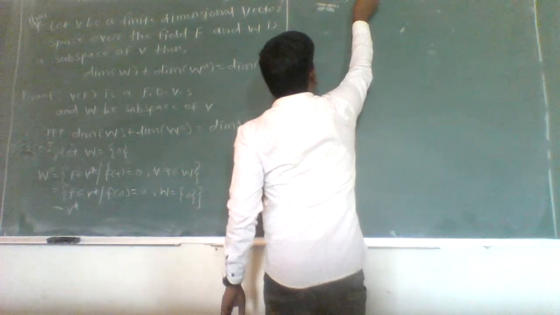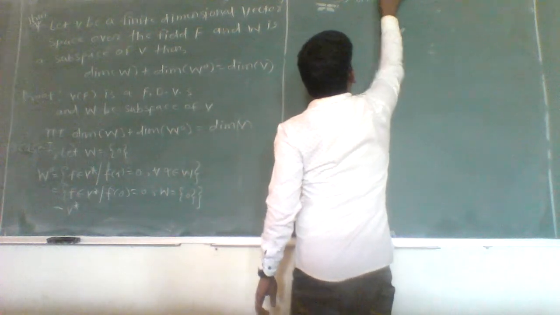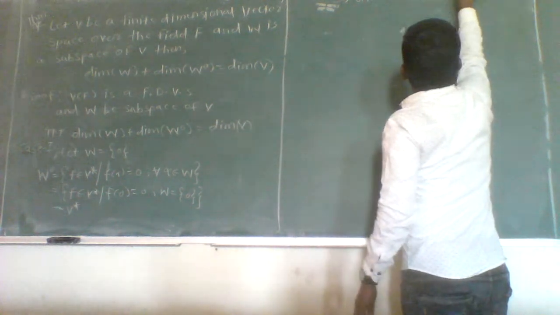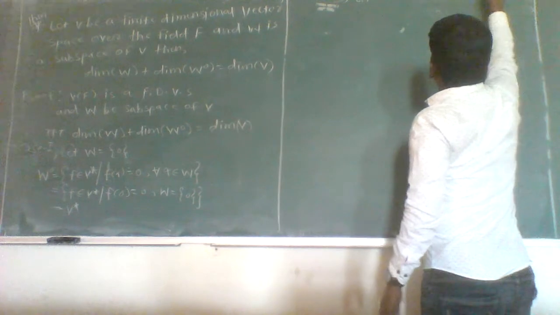Therefore, dimension of W annihilator is equal to dimension of V star.